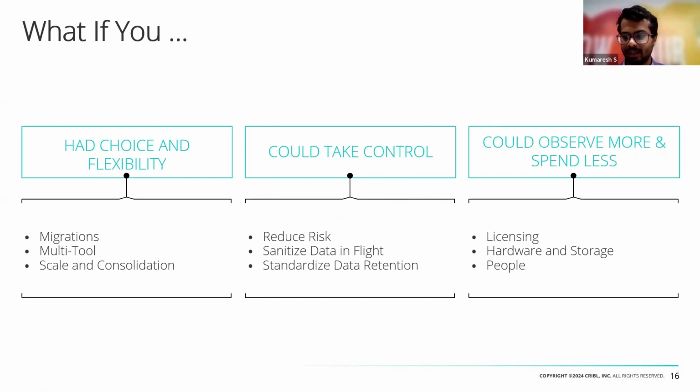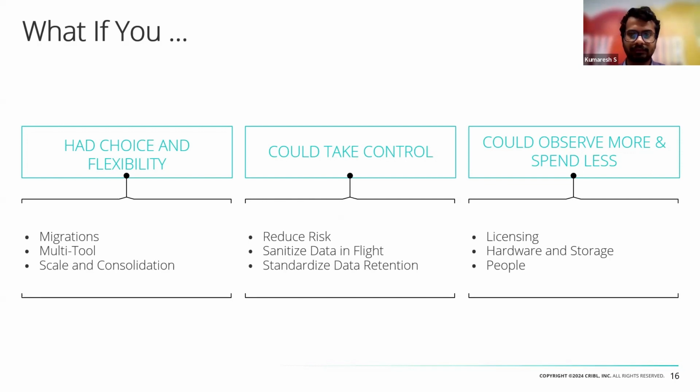Okay. So we looked at the various problems faced in the industry right now with the increase in data. Now, what if you had the flexibility and choice to do the migrations that you want to do, use the tools that you want to use, and scale the way you want to scale? And what if you could take control and reduce the risk?